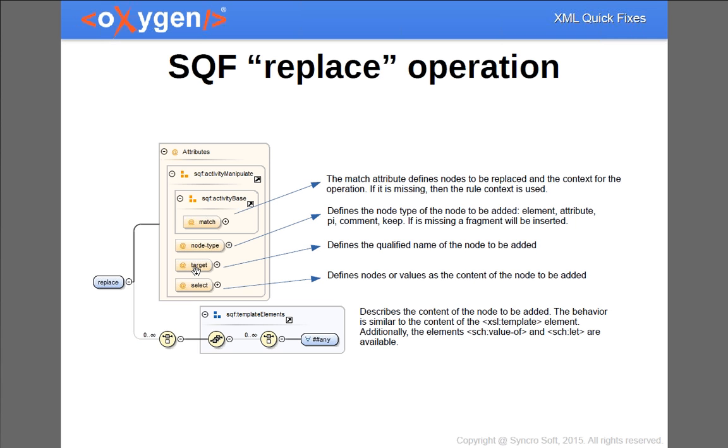The target represents the node name that you want to add, and then the content of the replace will be specified either in the select attribute or directly in the replace element, and also here you can add XSL elements.